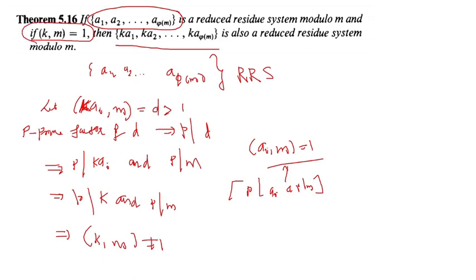Therefore, we will get GCD of kai and m is equal to 1 for every integer kai. That means every element of the set ka1, ka2, etc., ka phi of m is relatively prime to m. Therefore, this forms a reduced residue system modulo m.